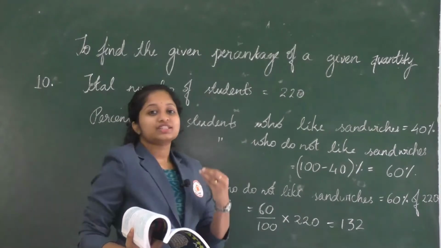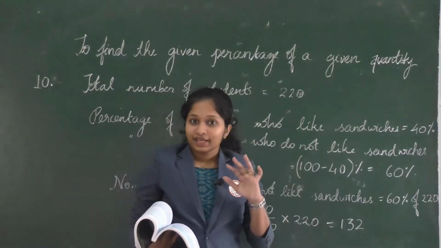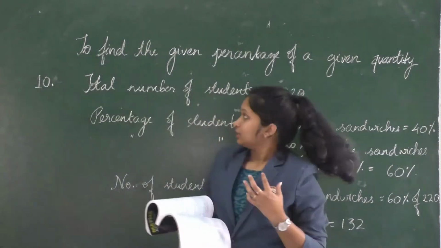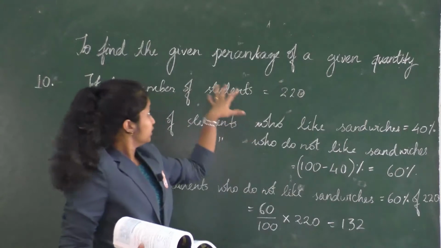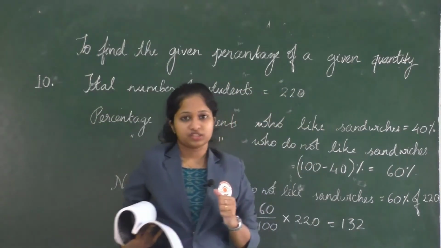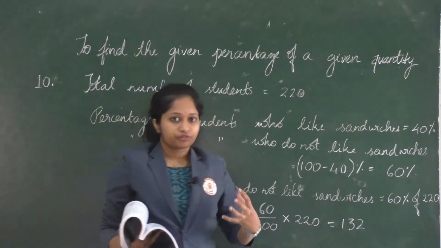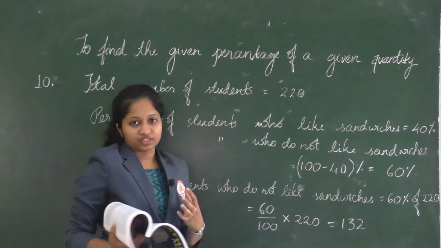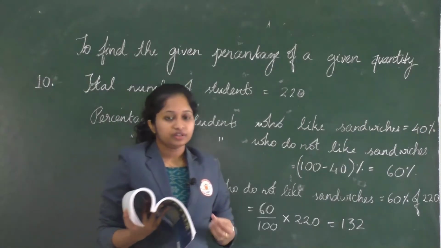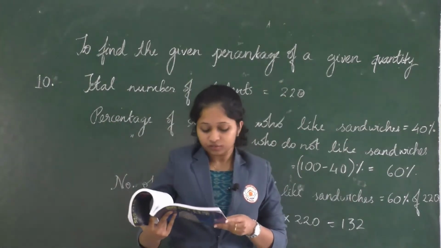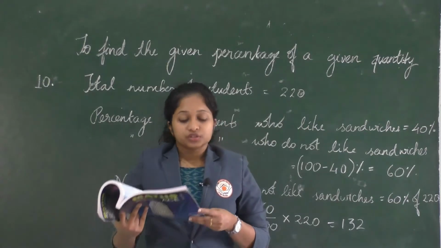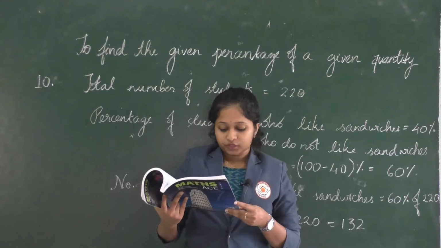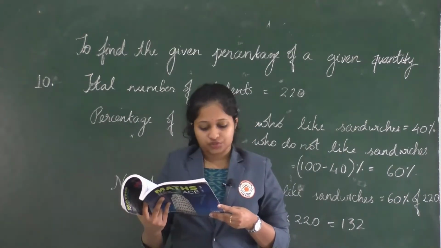So children, let's move on to the first topic, that is applications of percentage. Here, let's see how to find the given percentage of a given quantity. Here I have a question from example 10. Out of 220 students who went on a picnic, 40% like sandwiches.